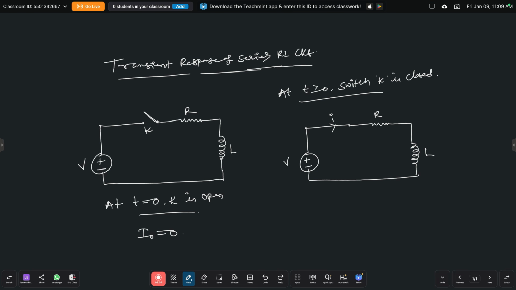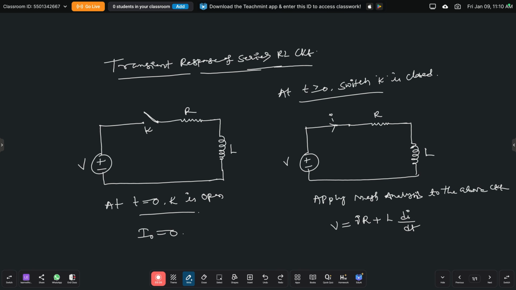Now we apply mesh analysis to the above circuit. Then we get V equals I into R plus, for the inductance, L into di by dt.